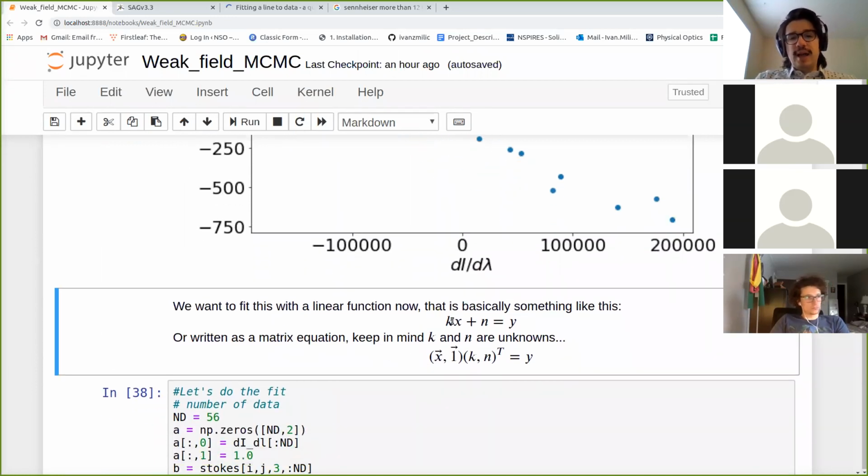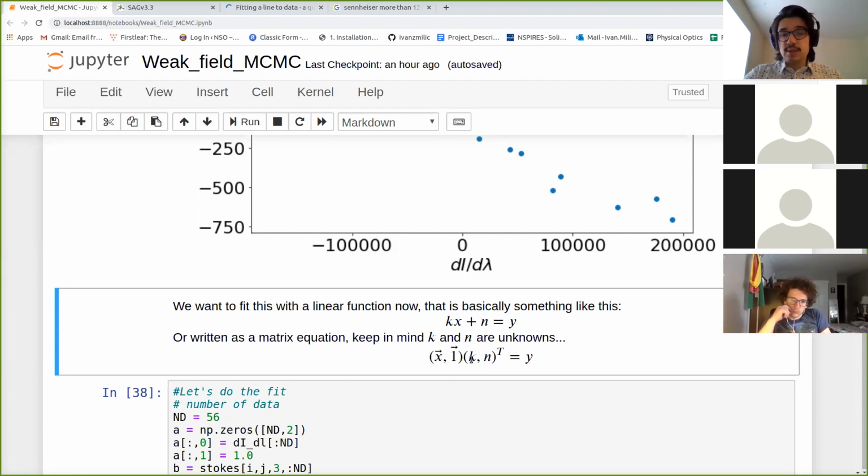Basically, this relationship is something linear, so let's say kx plus n equals y. But now my unknowns are not x and y; my unknowns are k and n. If I wanted to write this as a matrix equation, I would have a matrix with two columns: the first column is the values of x, and the second column is all ones.